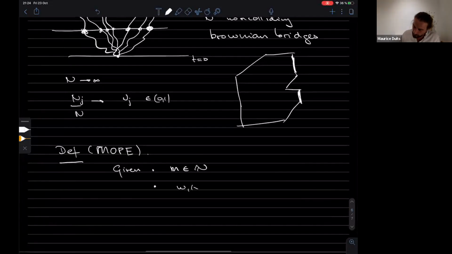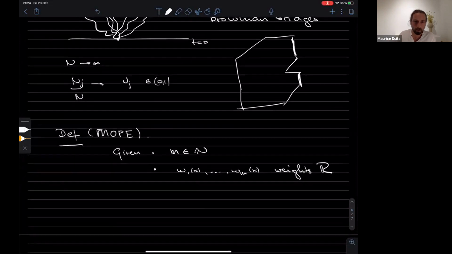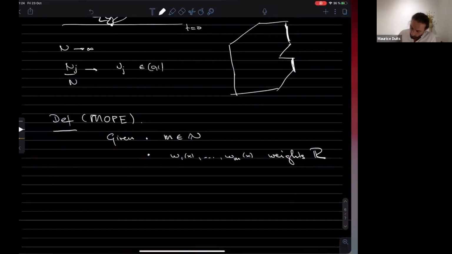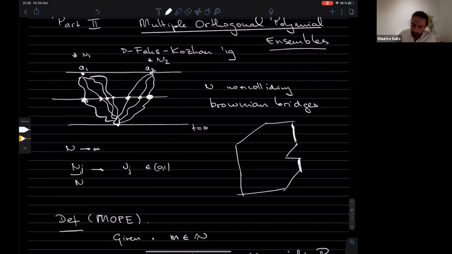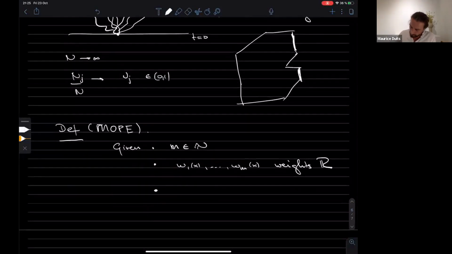So we have w_1(x) to w_m(x), and these are the weights, and let's say also everything happens here on R. It's not really so important, but we have weights on R. And then we also have these multiplicities, how many go to A1 and how many go to A2 and so on.